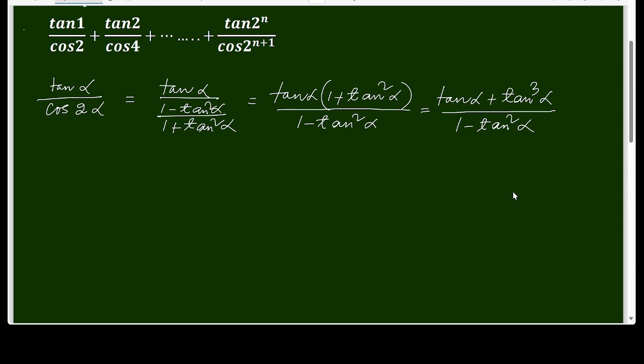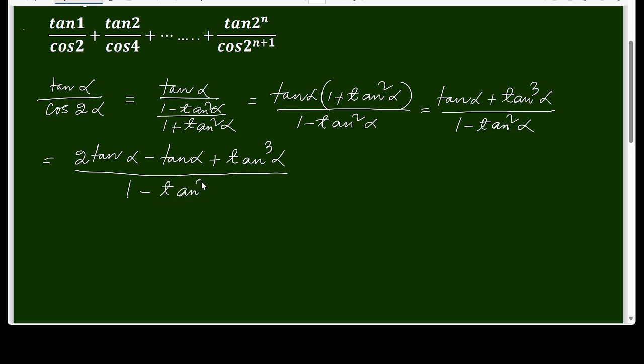Now again further simplification. I'll write this as tan alpha equals 2 tan alpha minus tan alpha plus tan cube alpha over 1 minus tan square alpha, and I'll make it 2.